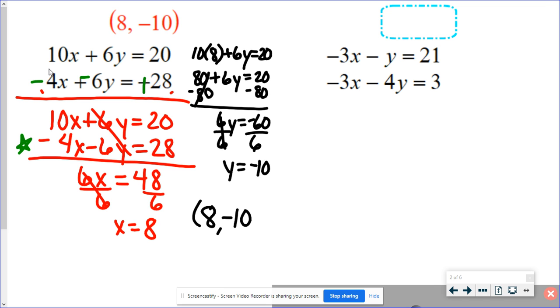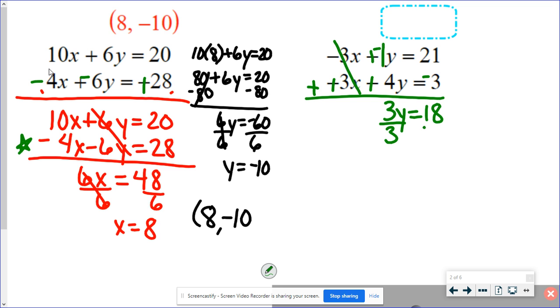I'm going to multiply the bottom equation by -1, which will change this to a positive, and a negative. So when I add these, my x's cancel. A -1y plus 4y is going to be 3y, and 21 minus 3 is going to be 18. So the y is 6.